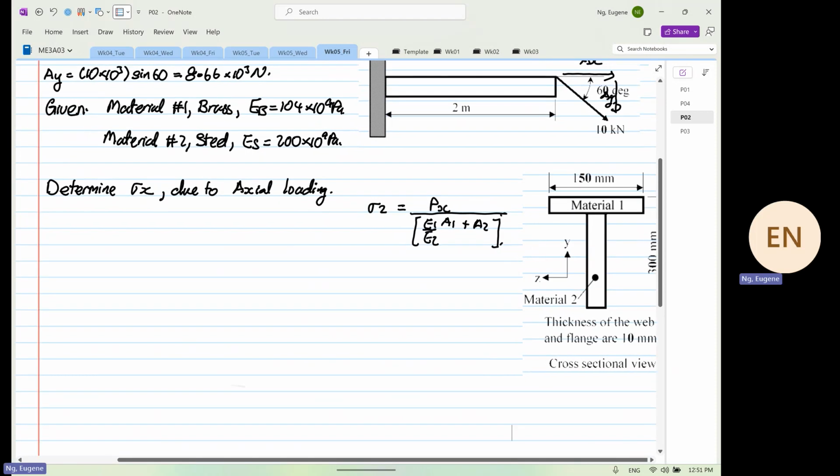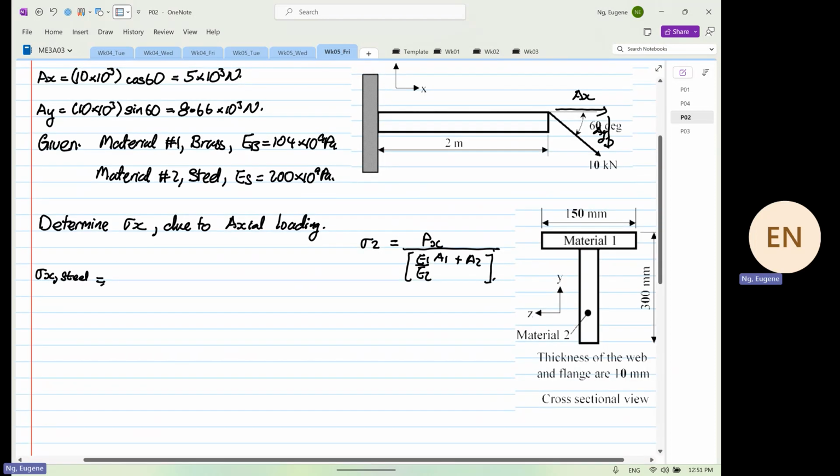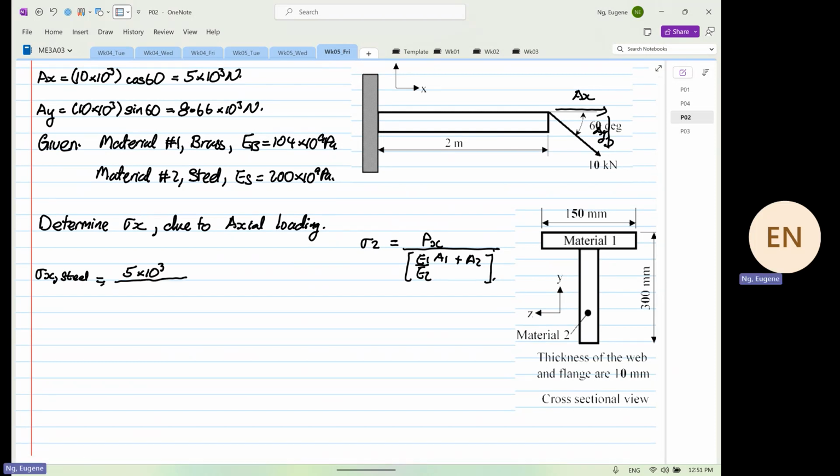So we are going to find stress 2 is for material 2. Material 2 is our steel. So stress X for steel. This is the easy part. Okay. So your PX is equal to what? 5 times 10 to the power 3. Then we are going to do E1.